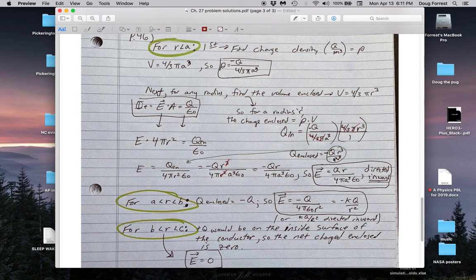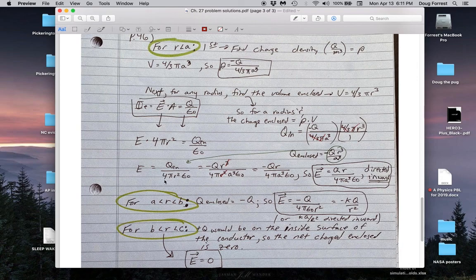To find the electric field strength now, I use this formula and move down below. E times this area, for any radius r, is equal to the charge enclosed divided by this constant. So essentially, E is equal to the charge enclosed divided by 4 pi r squared times that constant, and that's what I've got down here. This charge enclosed is something I figured out earlier.